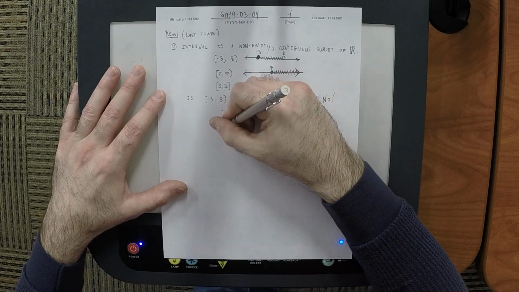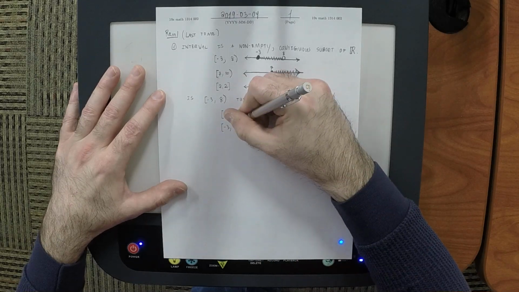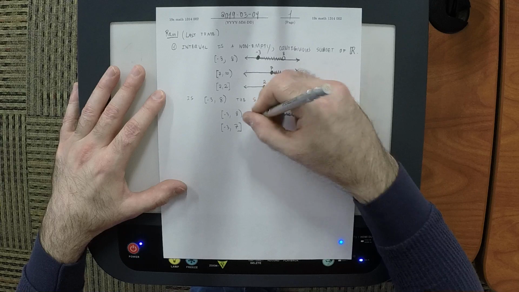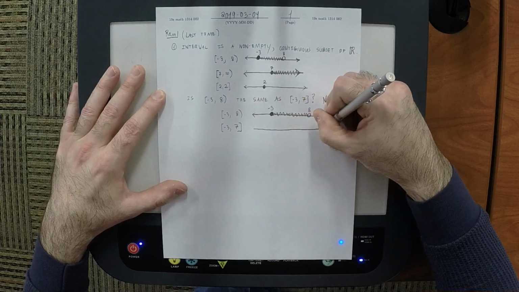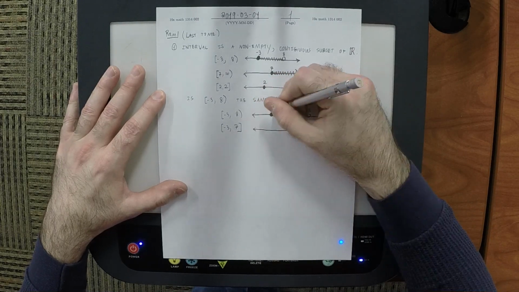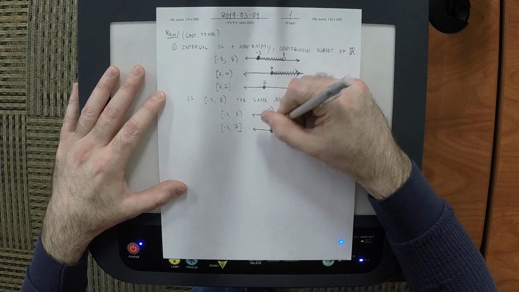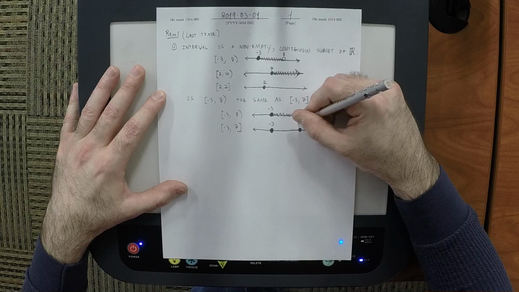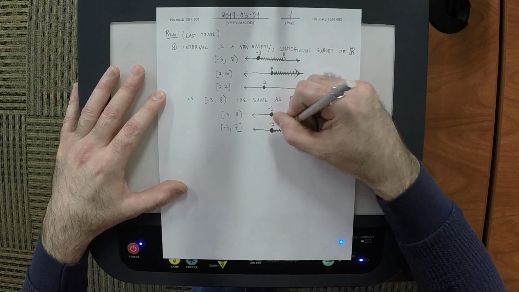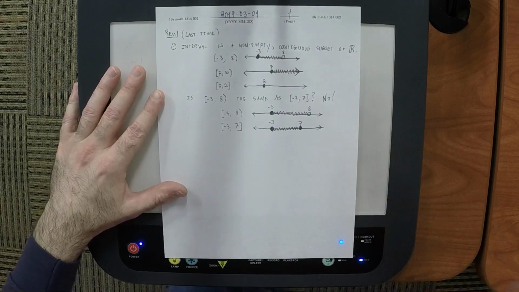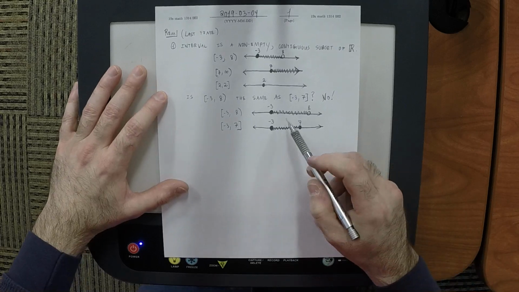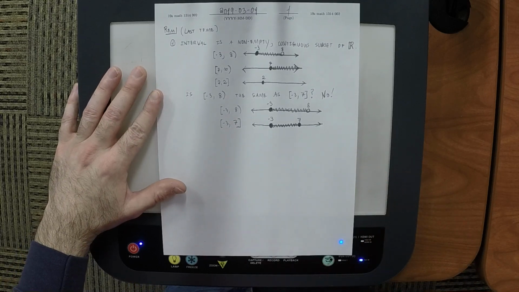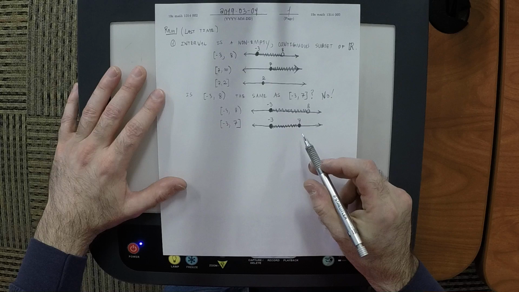And then -3 to 7, including 7, would look like this one. And then, in some sense the question becomes, did I plot the same thing twice?